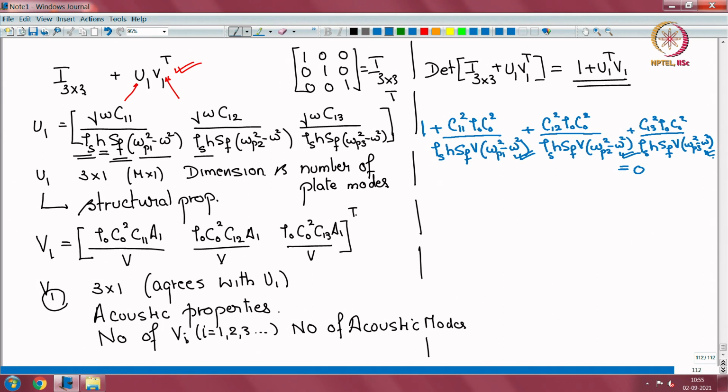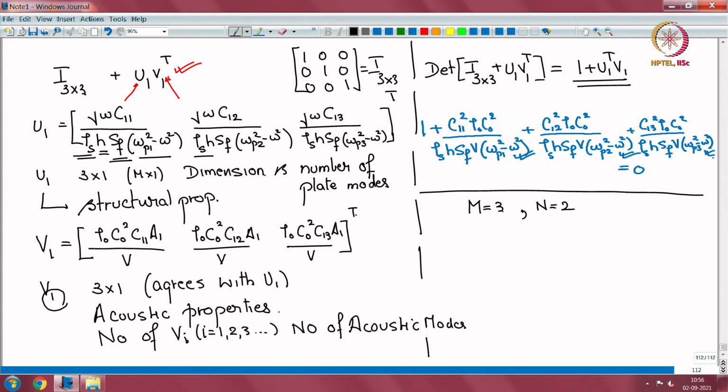Now, what would be the structure if we choose M equal to 3, that means 3 panel modes, and N equal to 2, that is 2 acoustic modes.